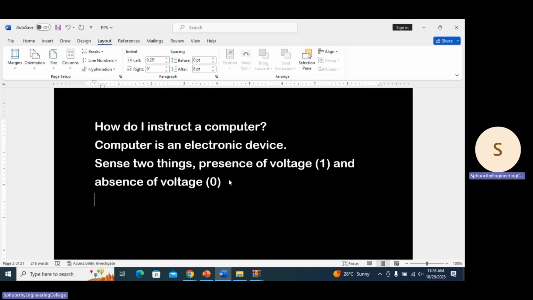So what is a computer? A computer is an electronic device. It can sense only two things, that is presence of voltage and absence of voltage. Presence of voltage is treated as 1 and absence of voltage is treated as 0.